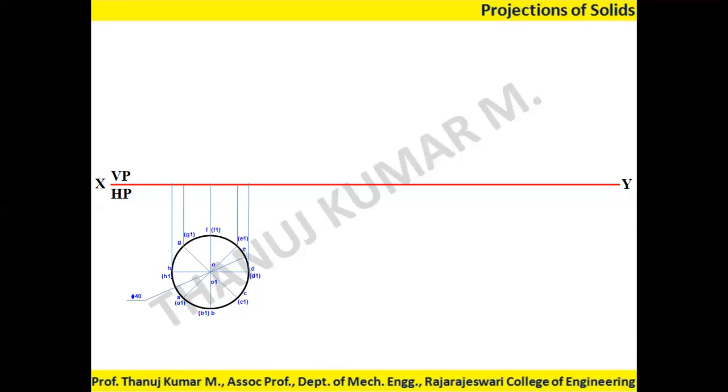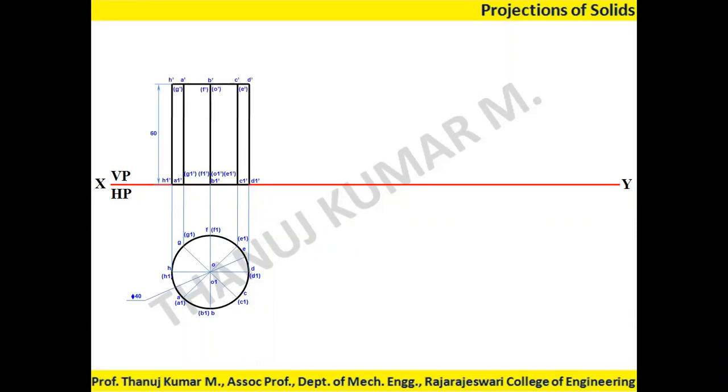Then after that, you need to draw the base circle of the cylinder, name them, and then consider the 60 mm length of the axis of the cylinder and join this way, step by step. We need to join this way so that you can get the front view of the cylinder.